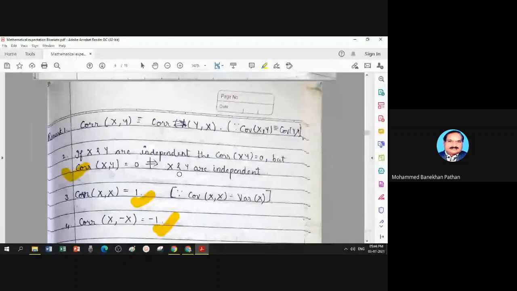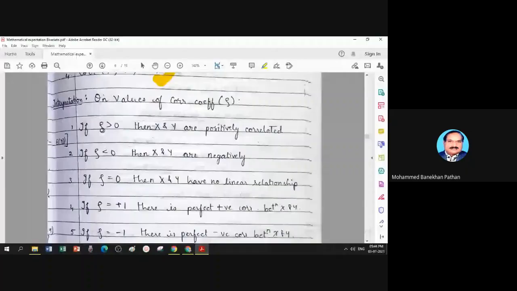So the interpretations are: rho greater than 0, then the variables are positively correlated. Rho less than 0, the variables are negatively correlated. This word should be there, negatively correlated.